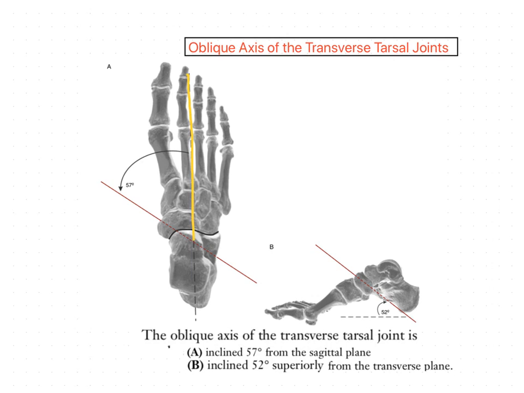This is the sagittal plane, and as you can see, this axis passes through the navicular as well as the calcaneum. Here it is 52 degrees superior to the transverse plane.